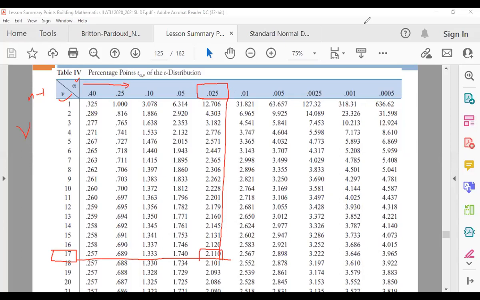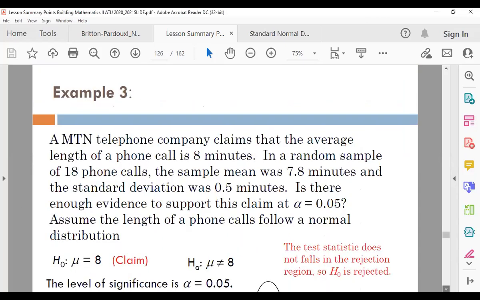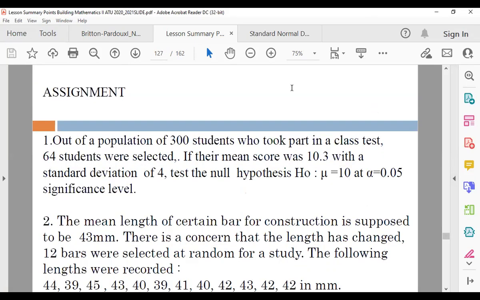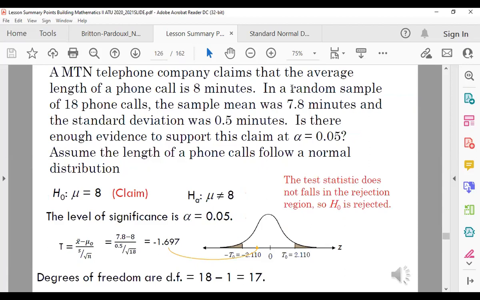Now let's go back to our screen. There's no need to go back to the board. So this gives us the critical value. This is your minimum value, which is minus 2.110, and the maximum value is 2.110.